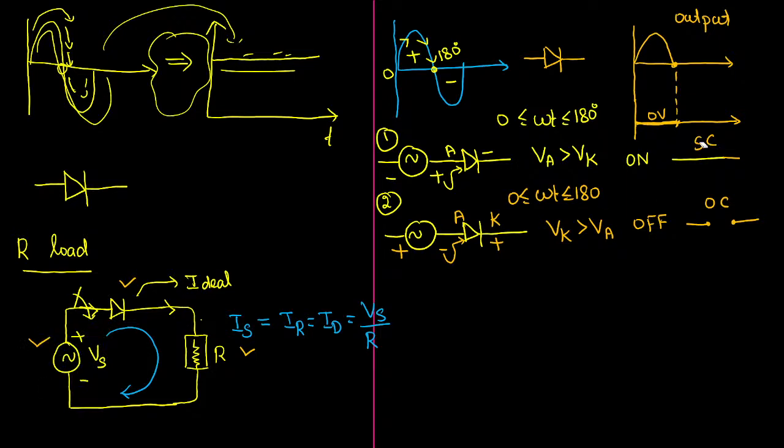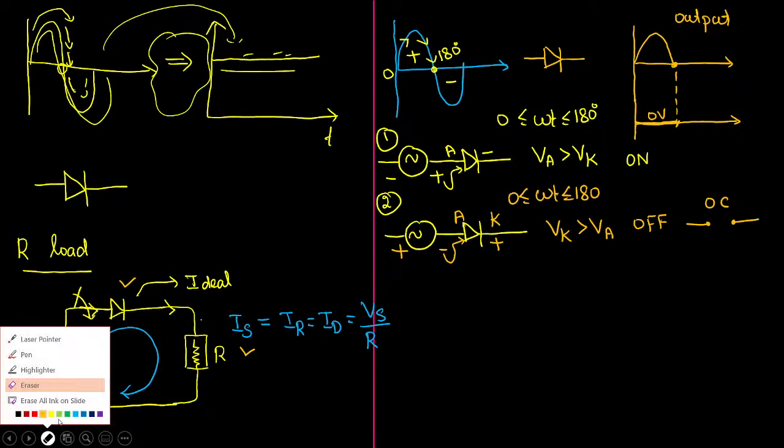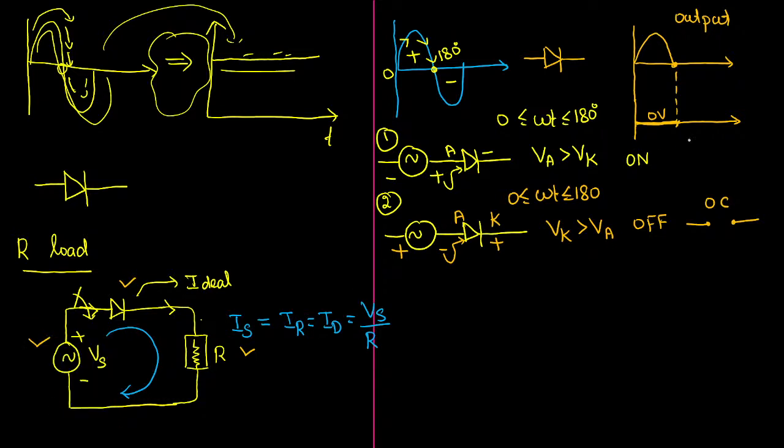It means the diode is blocking the supply voltage. So the second half of the supply voltage you can observe across the diode. So this supply voltage will be broken into two: positive will appear across the output, negative will appear across the diode. This is the first property that you have to observe completely.